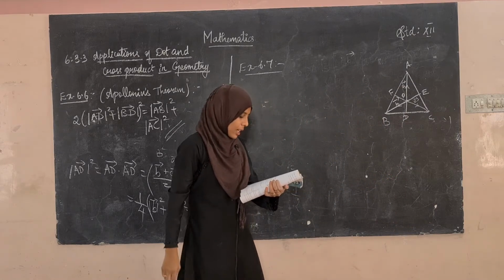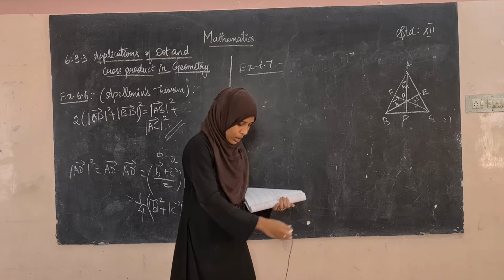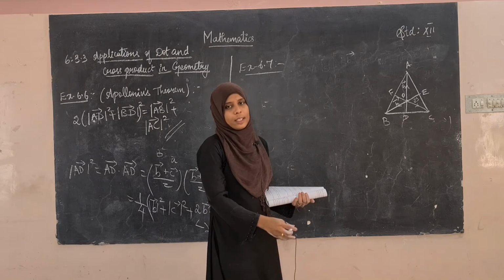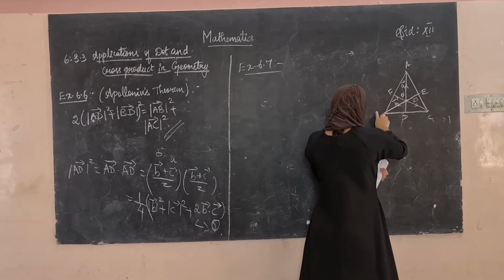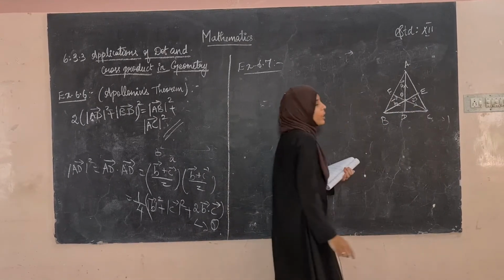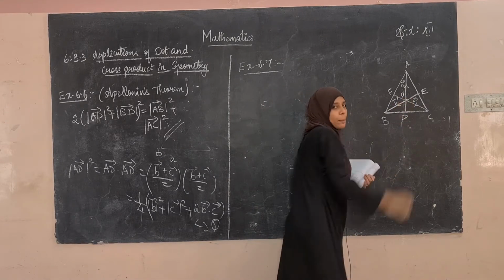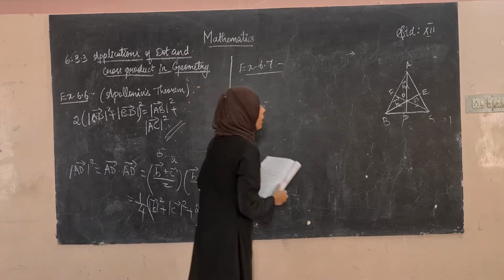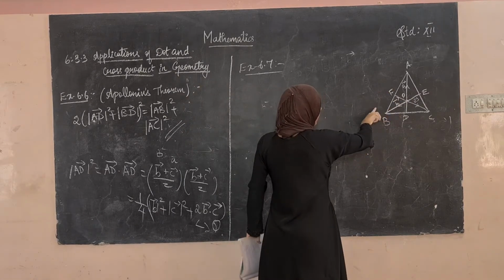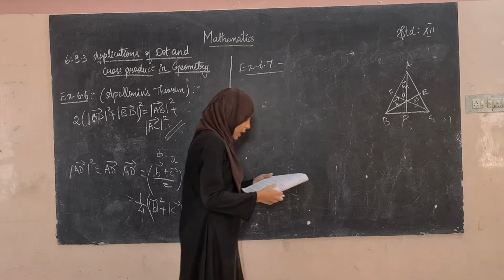Construct a triangle ABC in which the two altitudes AD and BE intersect at O. If you want to prove that they are concurrent, first let us take AD and BE intersecting at one point, then you have to show that CF also passes through the same point. We are going to prove it like that. Here OA vector is equal to A vector, OB vector is equal to B vector, and OC vector is equal to C vector. You have to write like this.